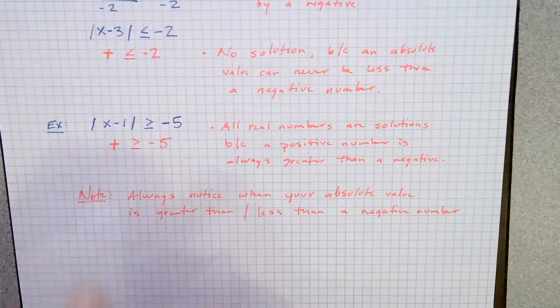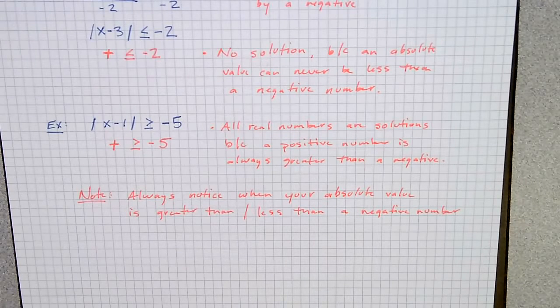Okay, anytime you get an absolute value on a side by itself and the other side of the inequality is a negative number, it's always going to be no solution or all real numbers, depending on which way your inequality is facing.